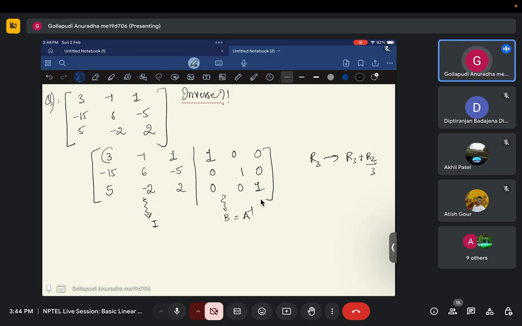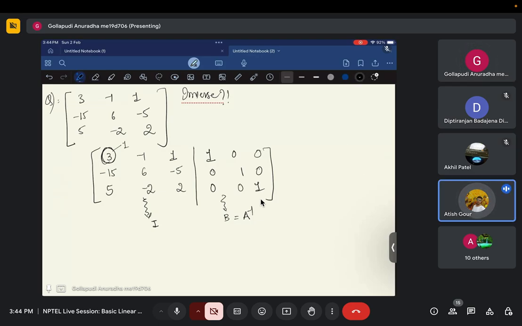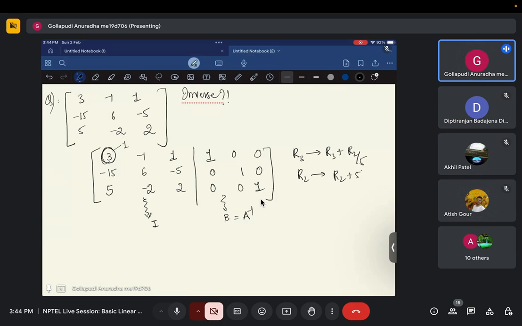First of all, let's try to make this as 1. Madam, directly we can solve, R2 changes to R2 plus 5R. I didn't get you. Yeah, so anyways, that is there.